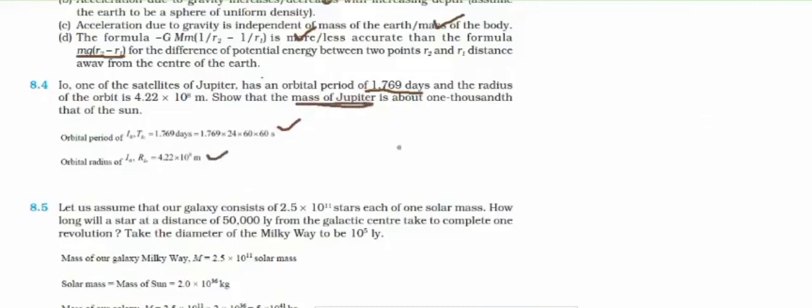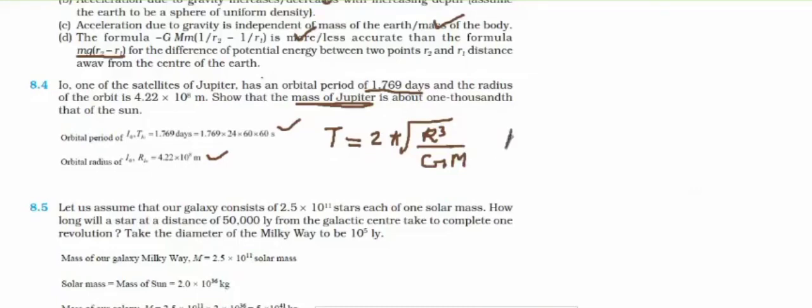So how can I find the mass of Jupiter? We use this formula: T is equal to 2 pi under root r cube by GM. Square this equation, then cross multiply.